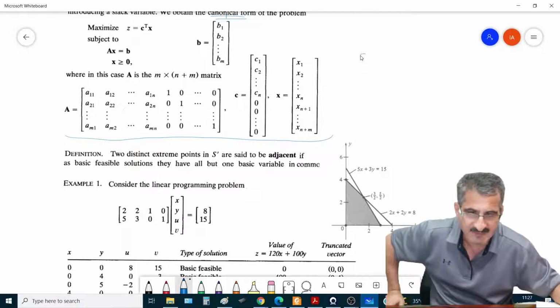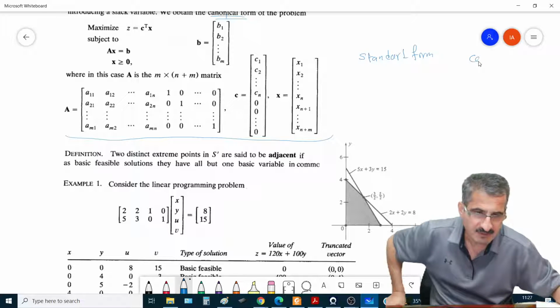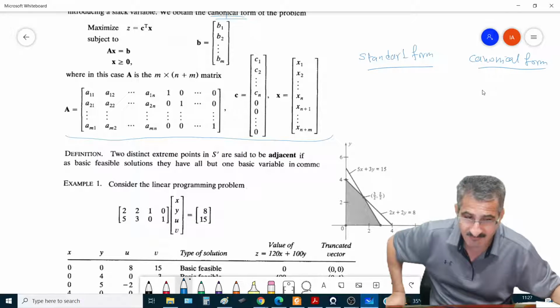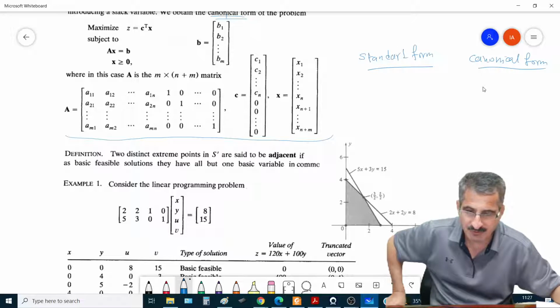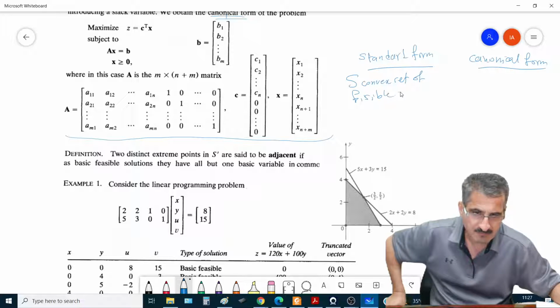Now, this matrix here. Remember, when we have a standard form, we make the canonical form by introducing slack variables. So here S is the convex set of feasible solutions.